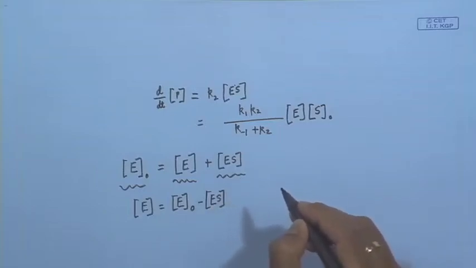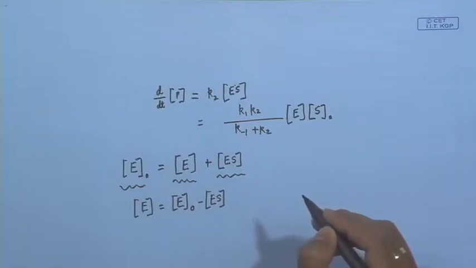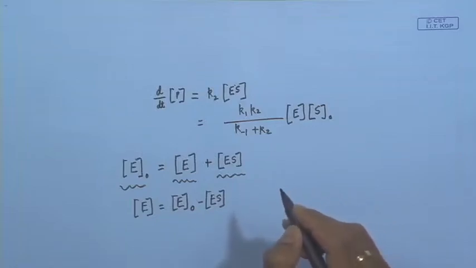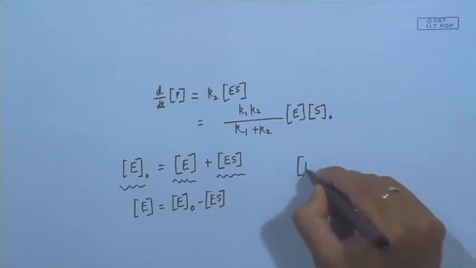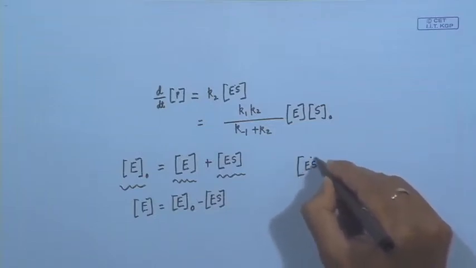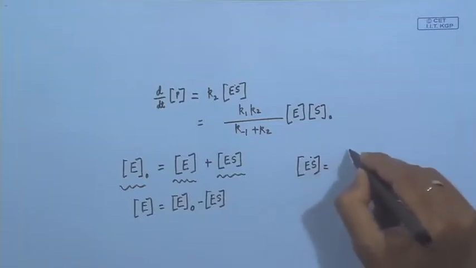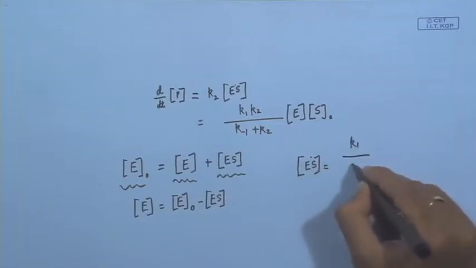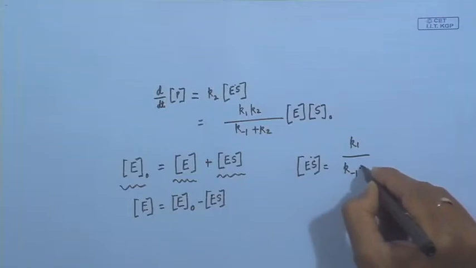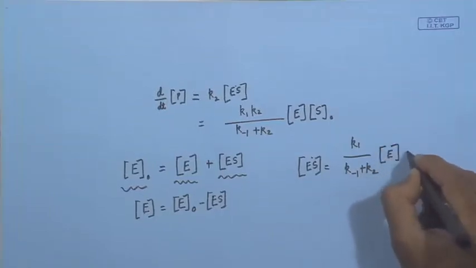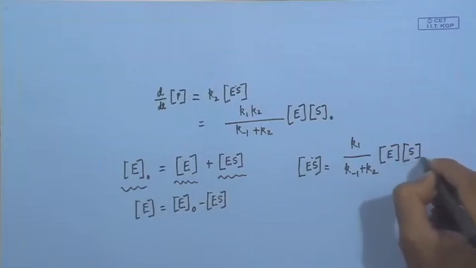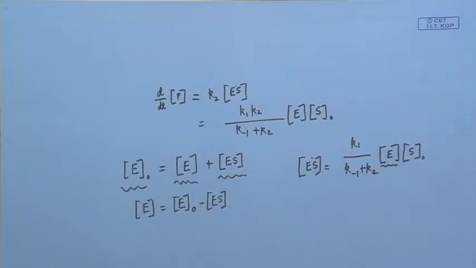Therefore, ES is the concentration of ES we wrote as ES equal to k1 divided by (k minus 1 plus k2) times E times S0. You can replace this E with E0 minus ES.